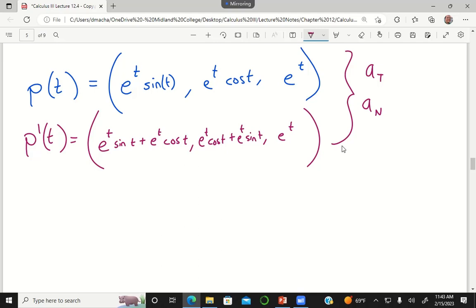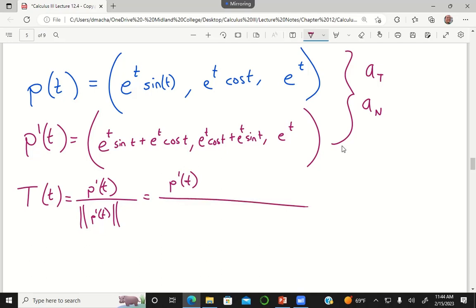The next step is going to be calculating the capital T unit tangent vector. I know that p prime of t is a tangent vector, but capital T of t is going to be my unit tangent vector. So that means I have to divide by the norm of p prime t. And so the norm of p prime t is going to be the square root of, on the second, so e^t cosine t minus e^t sine t.